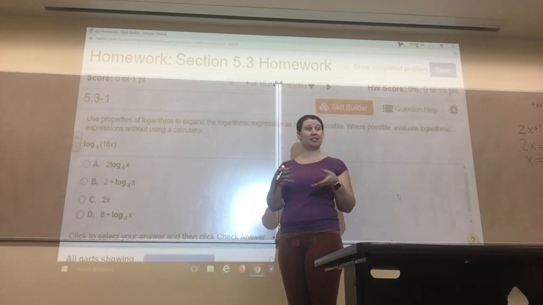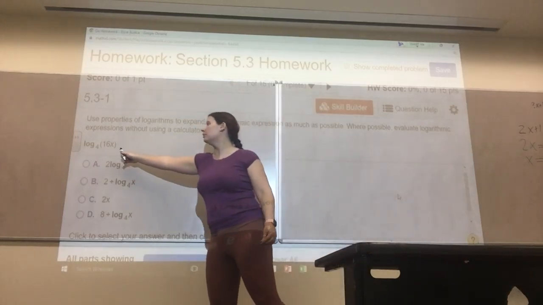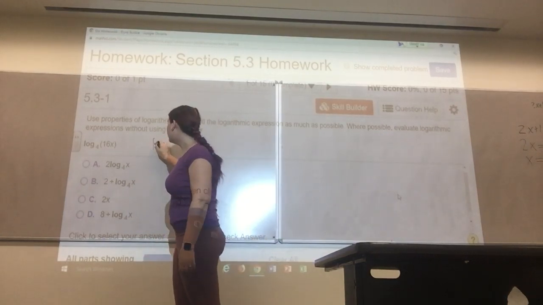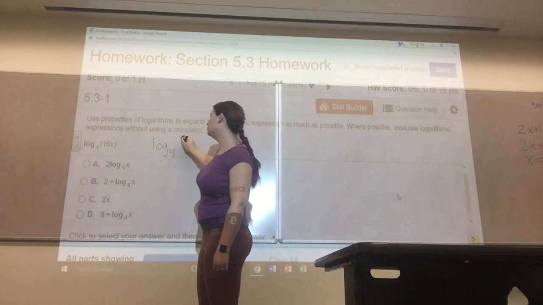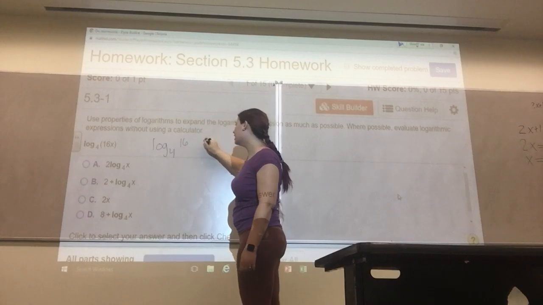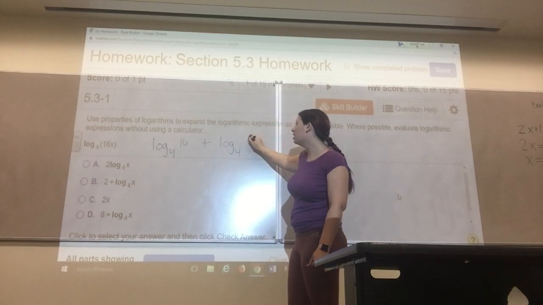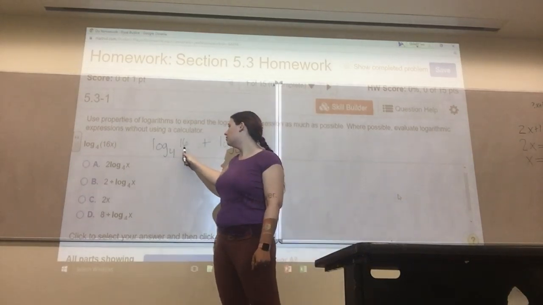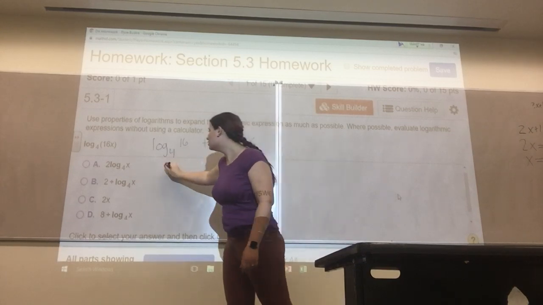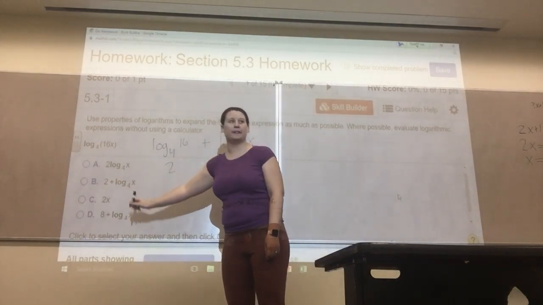So if we don't like the things together, let's split them up, right? We would split and add because they're being multiplied. So that would be log base 4 of 16, or we said that was 4 squared, plus log base 4 of x. So then, 4 to what power gives us 16? 2. So this whole thing is just 2, so it's 2 plus log base 4 of x, which is b.